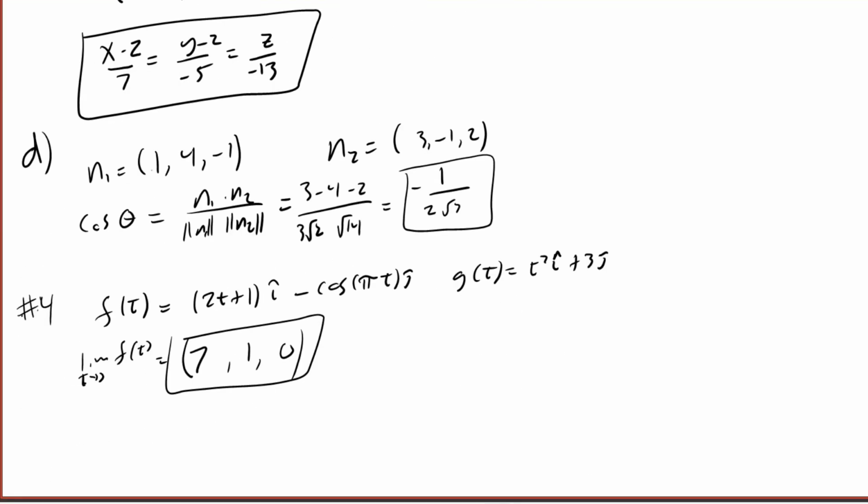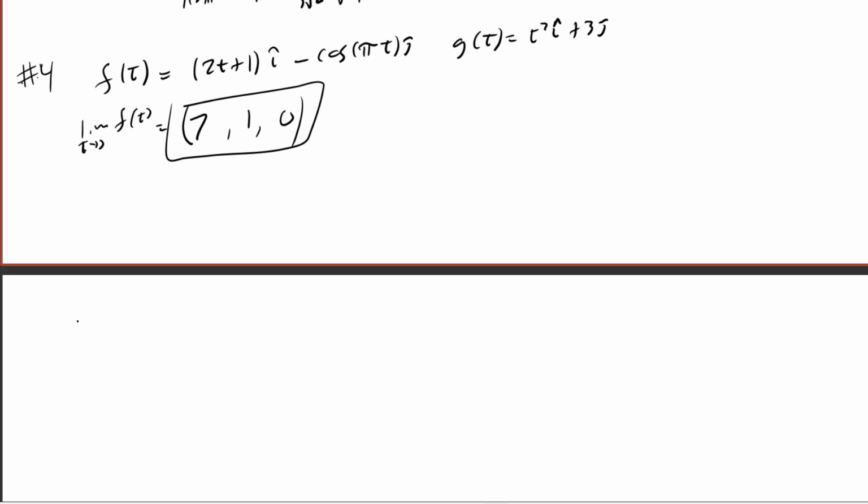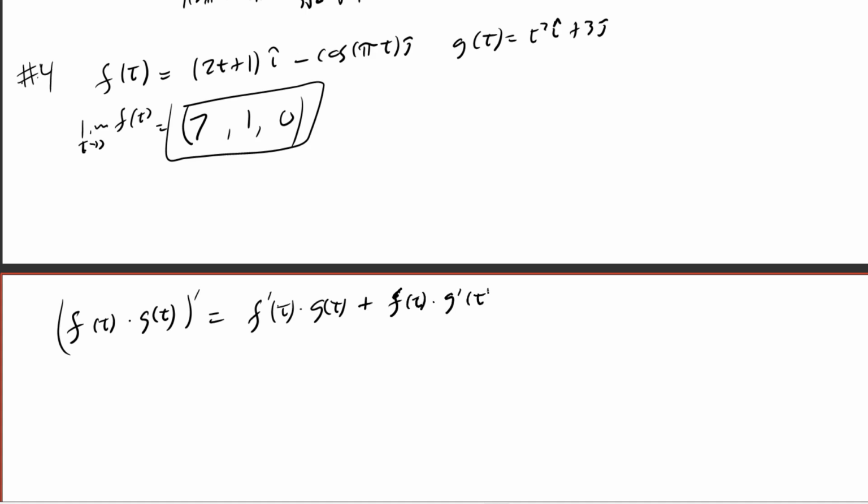Okay, the next part is do the product rule. The product rule, just in general: f of t dot g of t, prime, that's going to be f prime of t dot g of t plus f of t dot g prime of t.